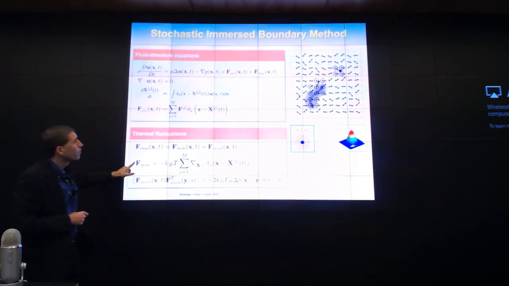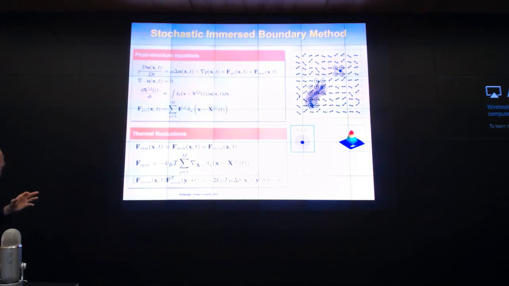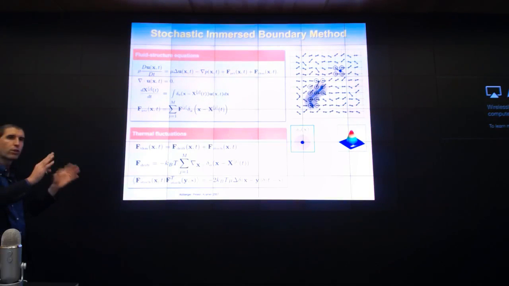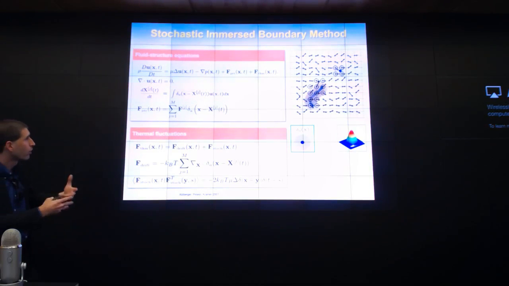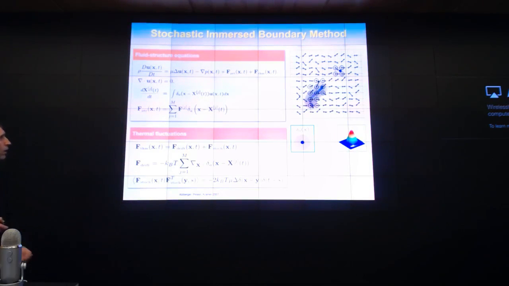So this comes from the fact that if you look at the formulation, the configurational degrees of freedom and the momentum degrees of freedom are not Hamiltonian conjugates, and so you don't have the usual Liouville theorem on the phase space. You have a generalized Liouville theorem that has a metric factor, and if you work that out carefully, you end up with this thermal drift term.